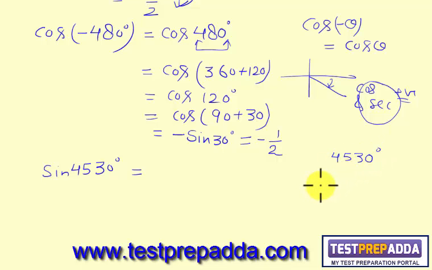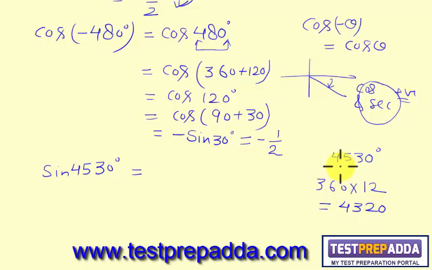So what will you do? You take 360 degrees and start multiplying by numbers, 2, 3, 4, 5, 6, 7, and the number by which you reach close to 4530, that you have to subtract. For example, in this case, if you multiply 12 here, 360 into 12, that comes to 4320.